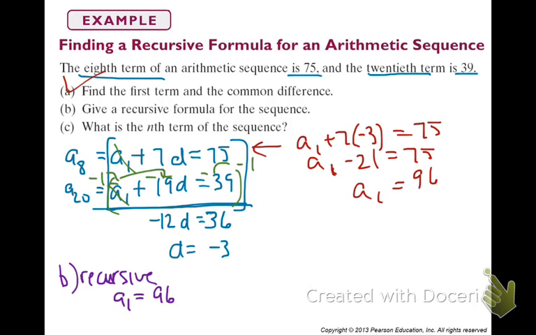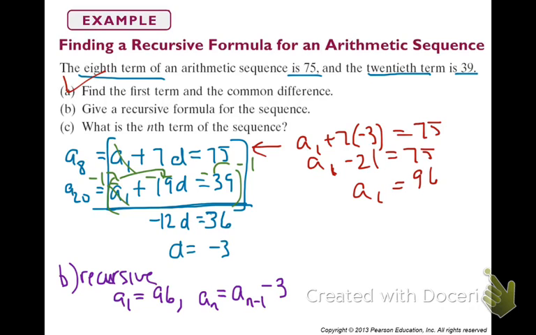So a sub 1 equals 96, comma, and then we're going to have a sub n equals our term a sub n minus 1, plus our difference was a what again? Plus the negative 3. So there's our recursive.